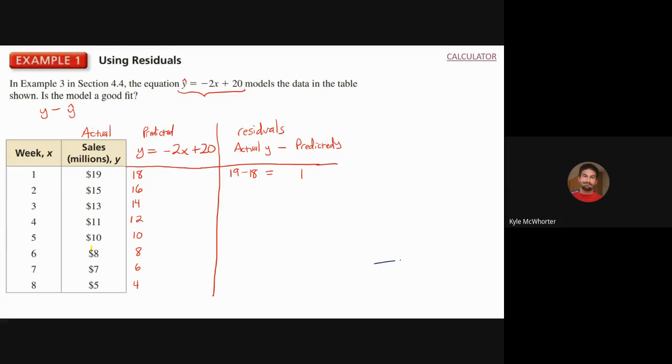Here's my x-axis. 1, 2, 3, and I just need 1 through 8. 4, 5, 6, 7, 8.